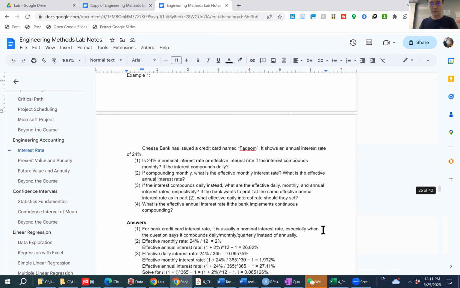In example 1, we are given an annual interest rate of 24%. If the interest compounds monthly or daily, this 24% annual interest is a nominal term.